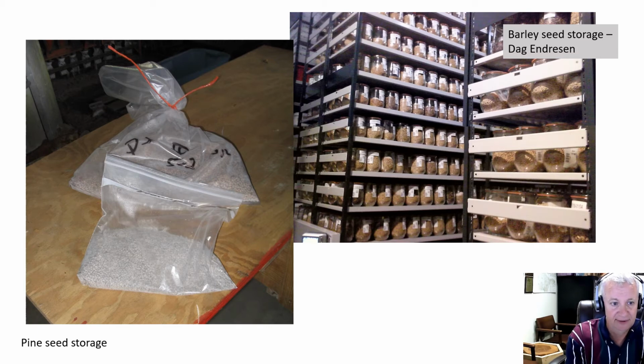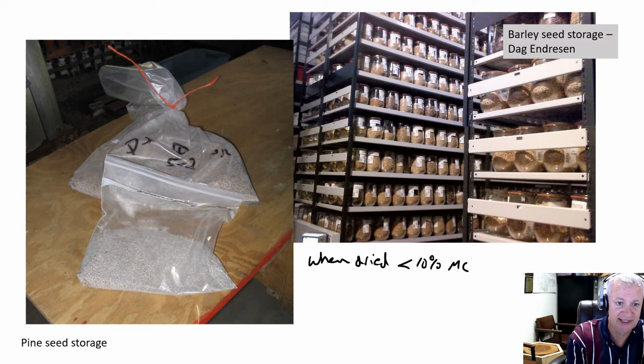Many seed, when dried below 10% moisture content, can be stored for some period of time, sometimes years and years. So one of the big elements associated with seed dormancy is low moisture content. When seed are dried to below 10% moisture content, they can be stored.